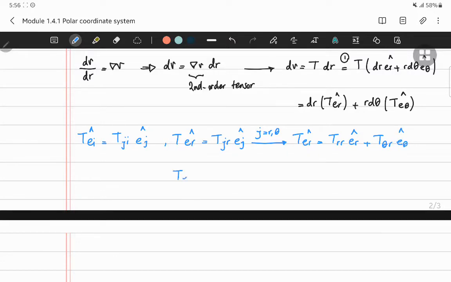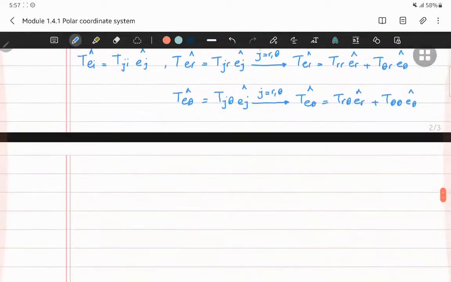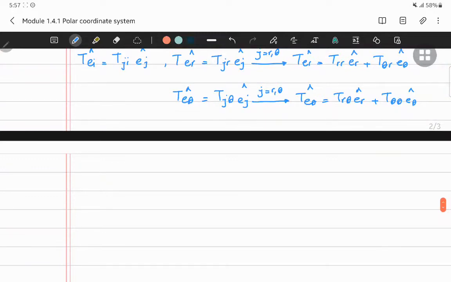And similarly, we have T(e_theta) = T_j_theta e_j, and j is r and theta. So T(e_theta) is T_r_theta e_r plus T_theta_theta e_theta. This also can be achieved.